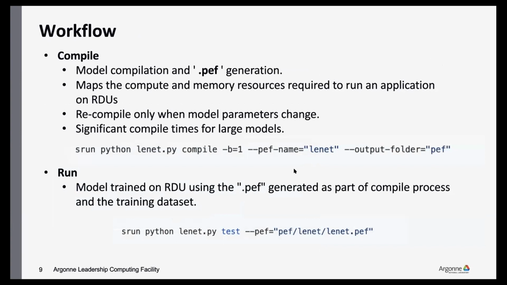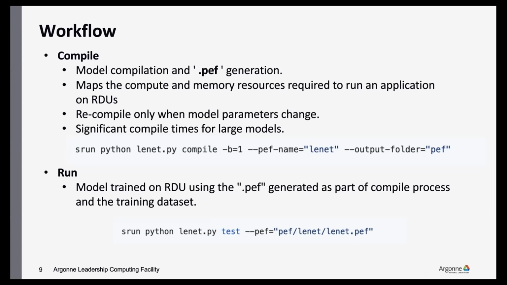Now that we know how to log into the system and get the environment set up, the main two steps to actually get your application up and running are, one, the compile, and second, the run.